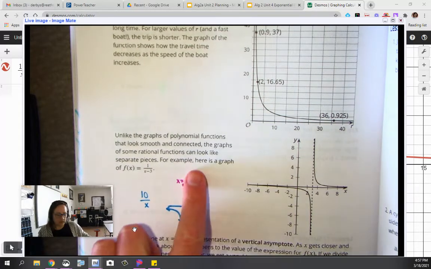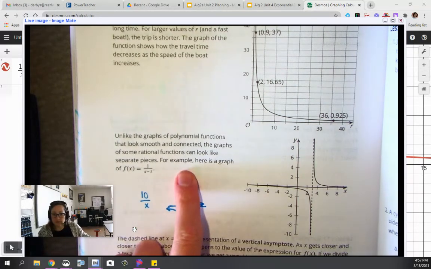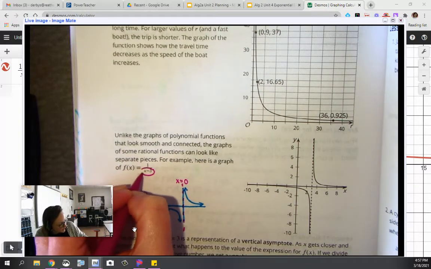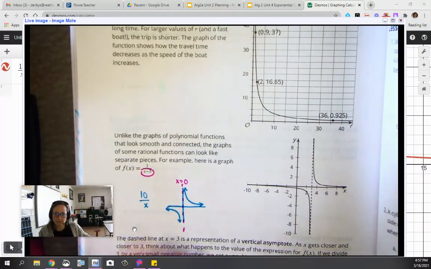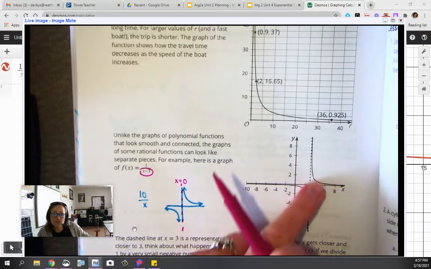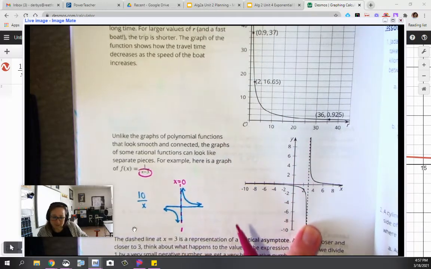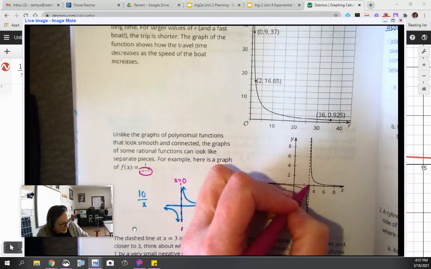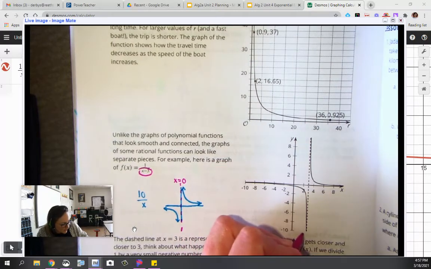Now our example here on page 190 changes the denominator to be x minus 3. And notice that that changed the vertical asymptote. Do you notice how it's now moved over to the right at x equals a positive 3?